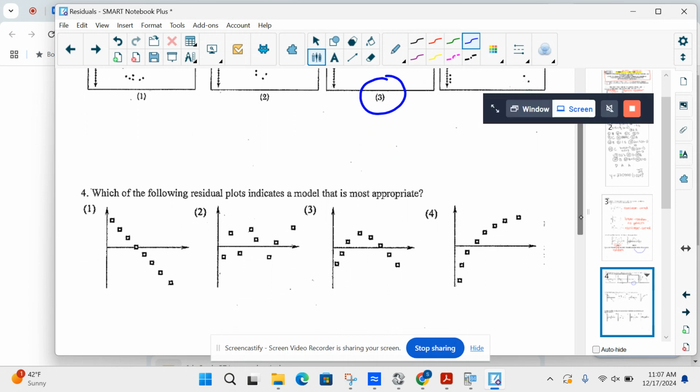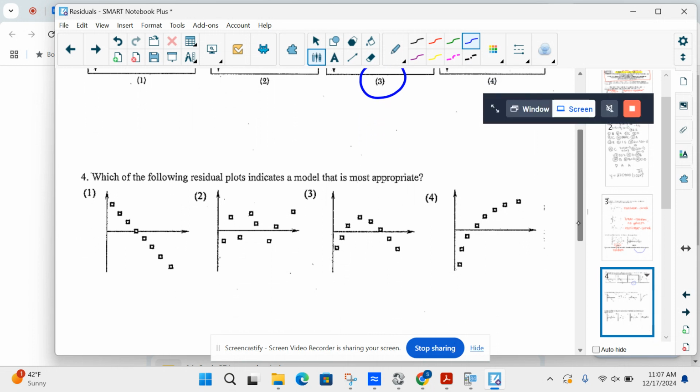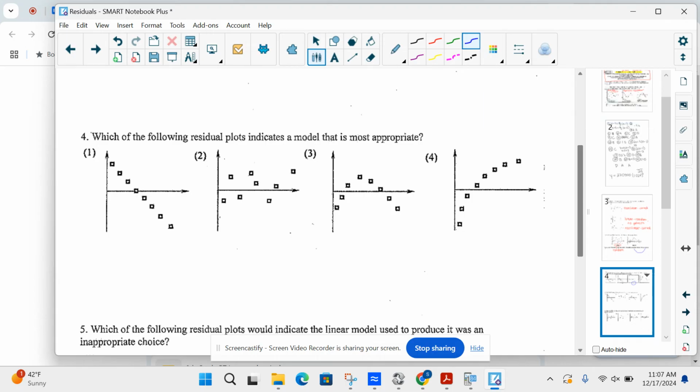And number 4, how about for this one? Which one is the best fit? Alex? One? Well, it's not the one that looks like a line. That's still a pattern. Residual has a pattern.